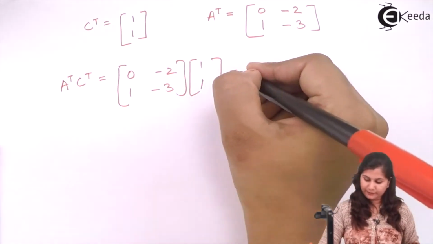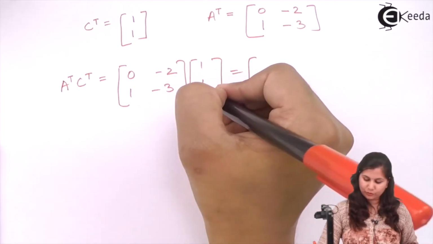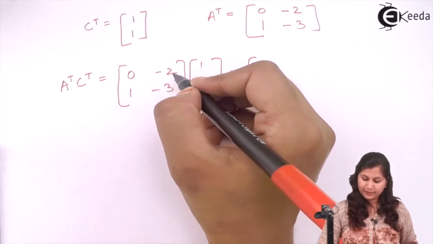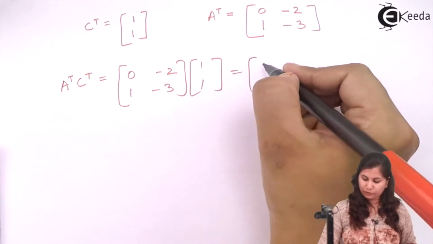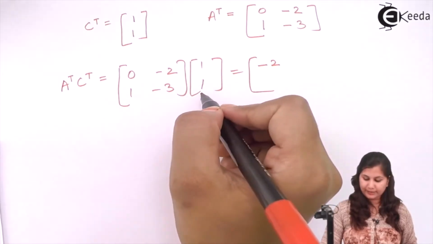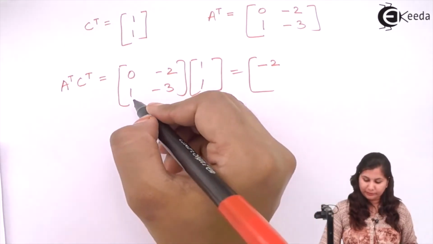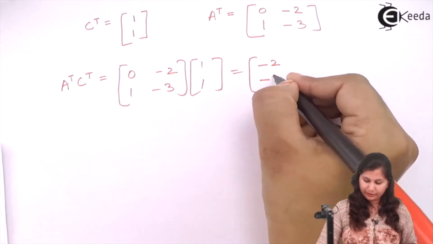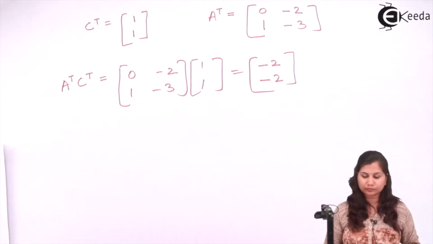Okay, so multiply these two matrices: 0 into 1 plus -2 into 1, so it is -2. Here 1 into 1 plus -3, so it will be 1 minus 3, so it will be -2 again.